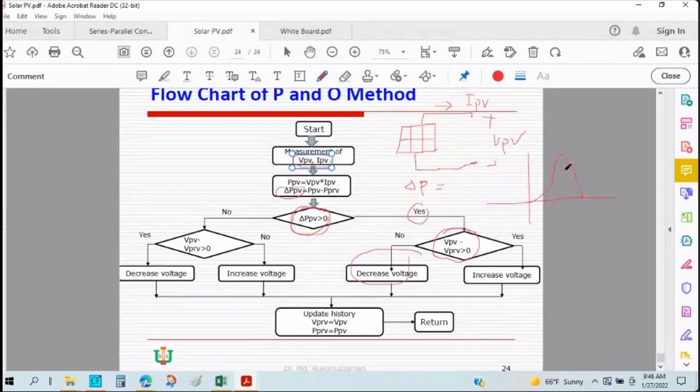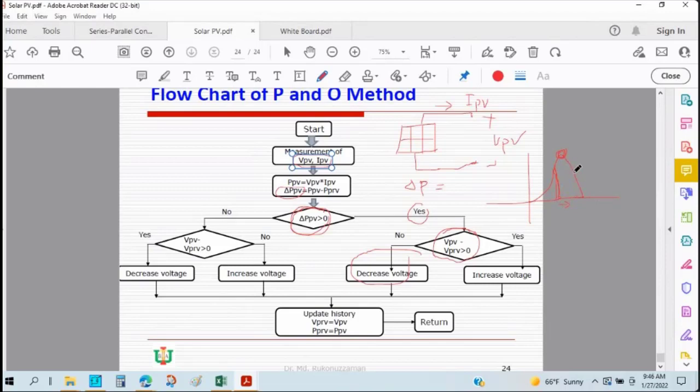Let's think that the maximum power point is here, and the solar panel is operating at this point. If the power is increasing and the voltage is also increasing, that means the maximum power point will be in the right direction. Then to track this point, we have to increase the voltage.